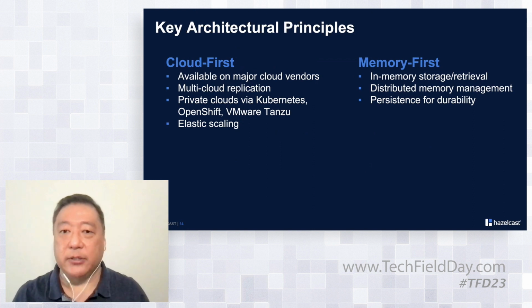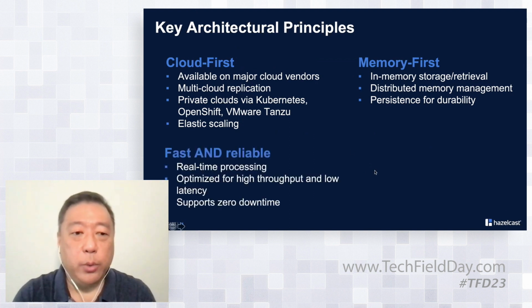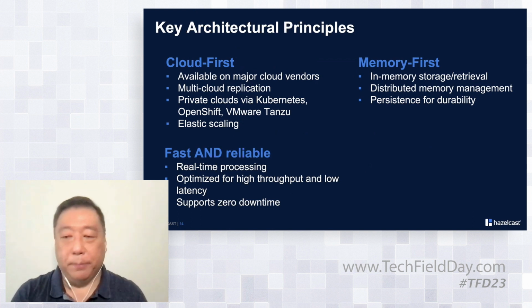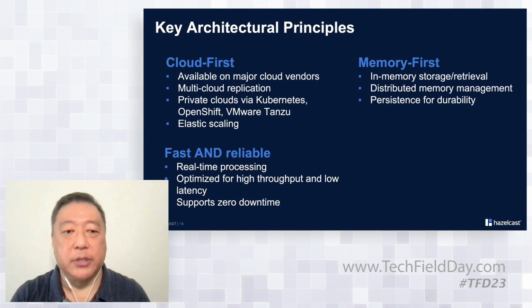We've extended that so that memory is the primary access point for speed, but for durability, we persist to disk. We claim to be fast and reliable, and we've put a lot of effort into making sure both of those components are top-tier priorities.